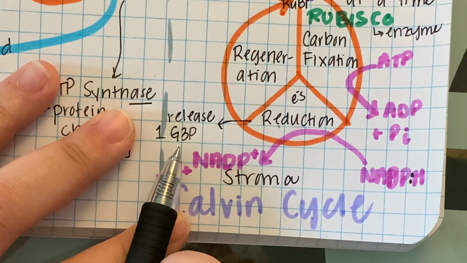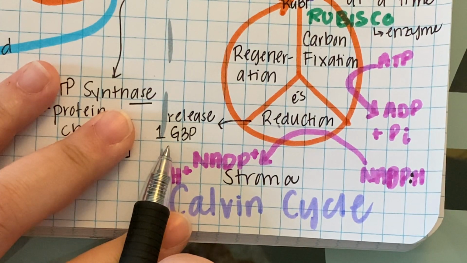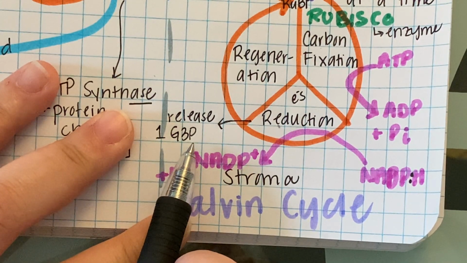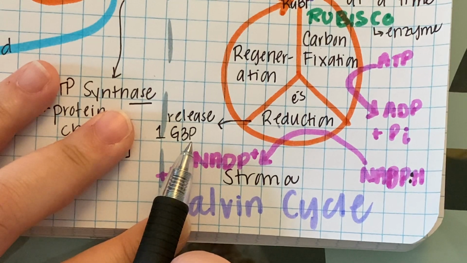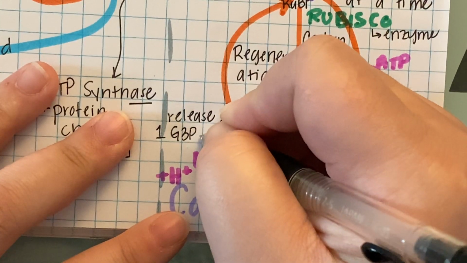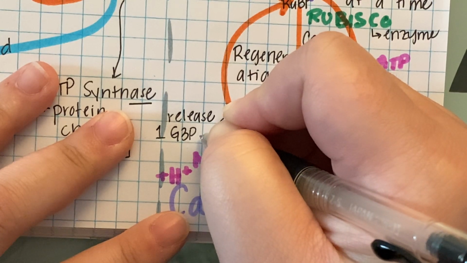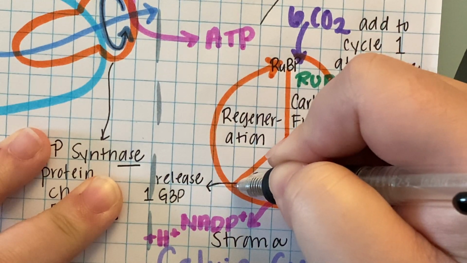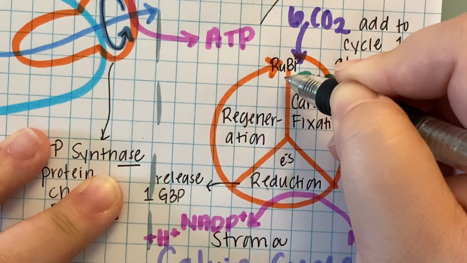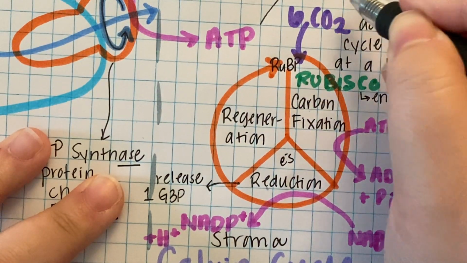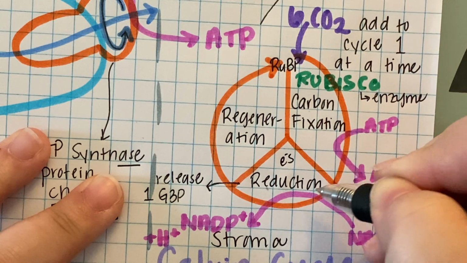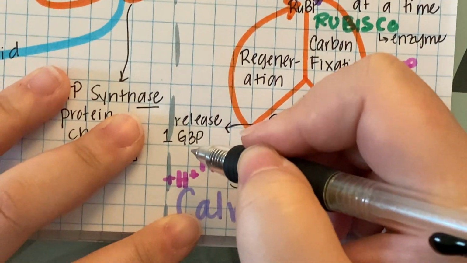So you release 1 glyceraldehyde 3 phosphate from this reaction. And then the next stage will regenerate RuBP. Then one at a time, you'll enter the 3 CO2s and release 1 more G3P.